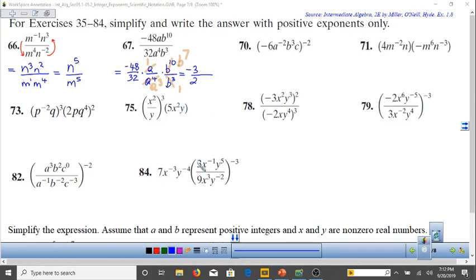So what will be left over is 7 b's in the numerator, which is b to the positive 7, and 3 a's in the denominator, which is a cubed, which I will then multiply by the fraction negative 3 over 2. So my answer becomes negative 3b to the 7 over 2a cubed.